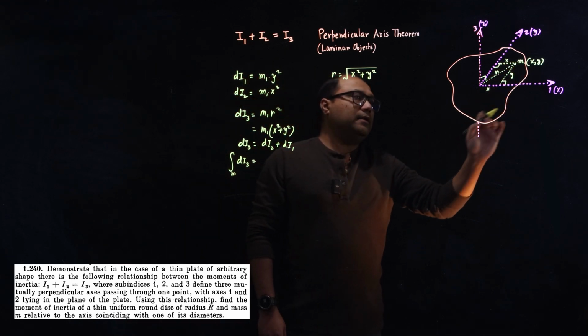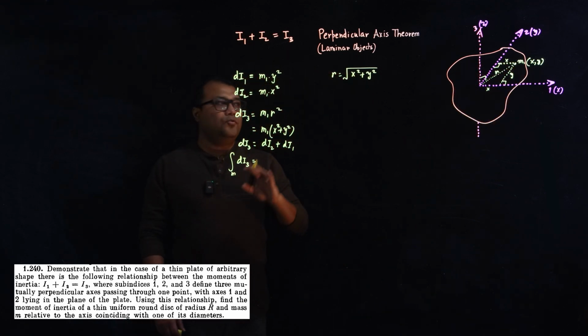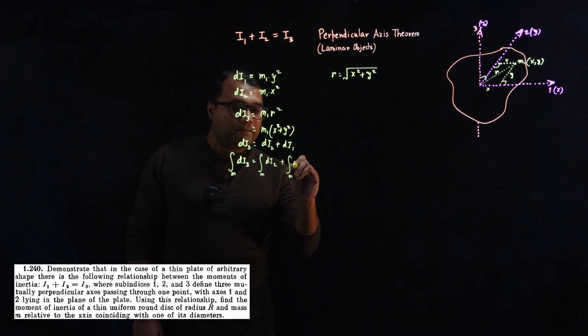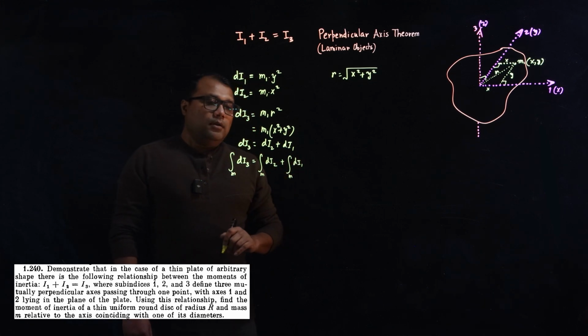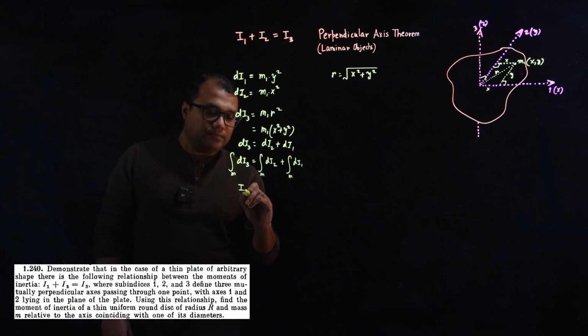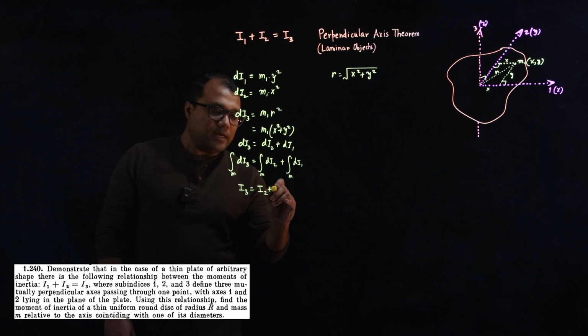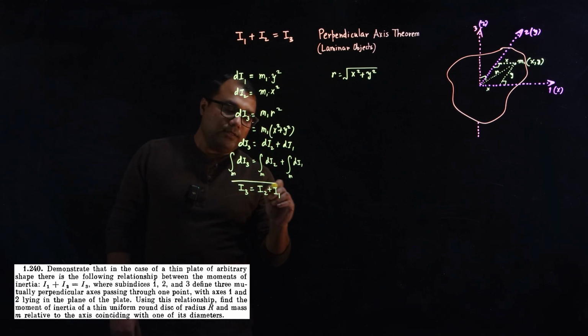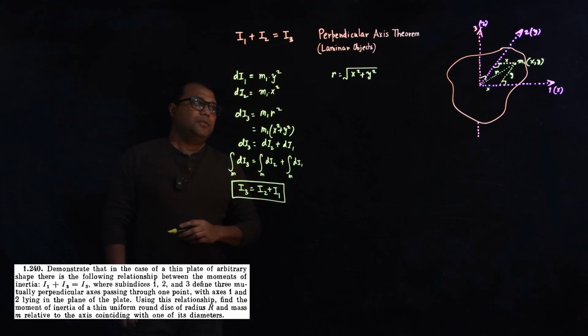If similarly different masses are taken all over the surface of the body, then I will just integrate everything over the surface of the body, and this will be nothing but I3, this will be I2, and this will be I1. So hence we proved I3 is I1 plus I2.